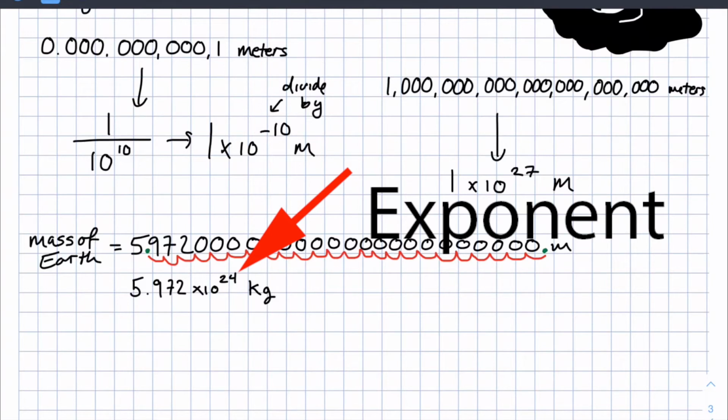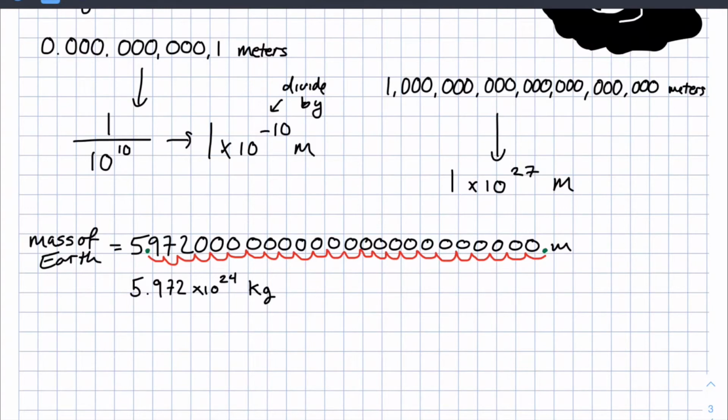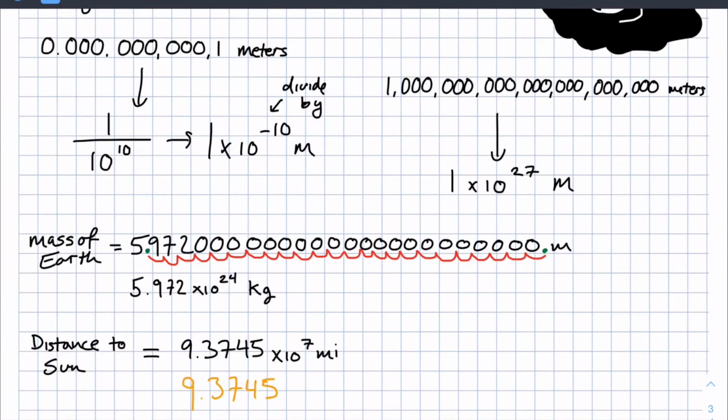Now, sometimes we need to take numbers from scientific notation and put them back into standard notation, which is just a normal number. Let's take a look at one of those. So here's the distance from the Earth to the Sun, 9.3745 times 10 to the 7th miles. Now what I'm going to do is write down the first part of the scientific notation number, the magnitude, 9.3745.